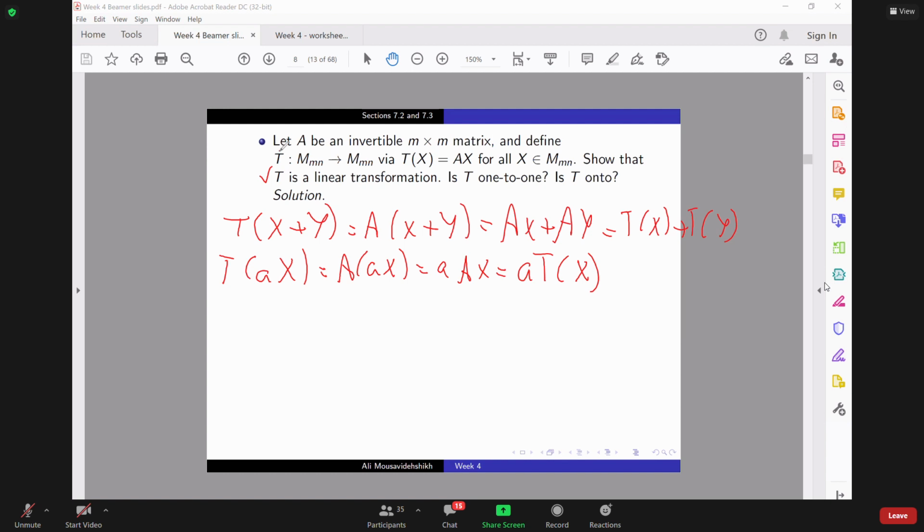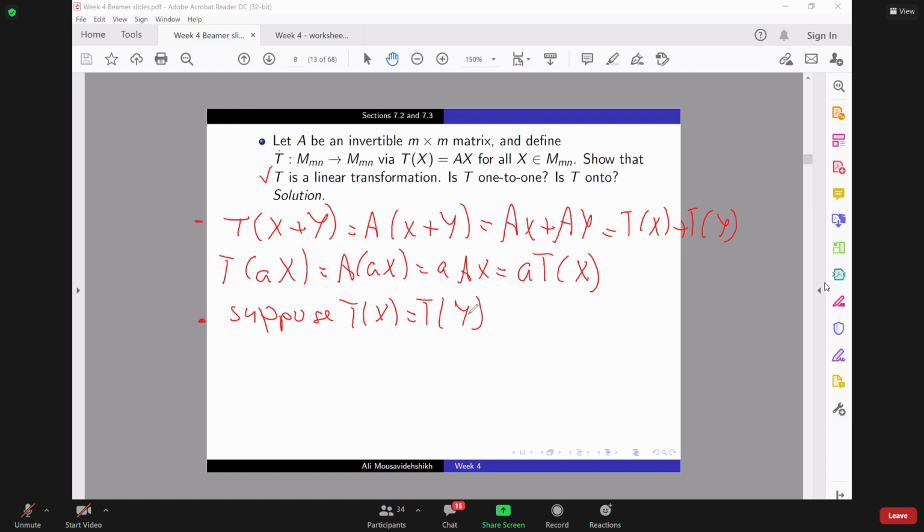The question is, is T one-to-one? I'm not going to let you work on it, but I'm asking, what do you guys think? Whenever you want to show one-to-one, you start with, okay, suppose T of X equals T of Y. If I think it's one-to-one, what do I need to show?